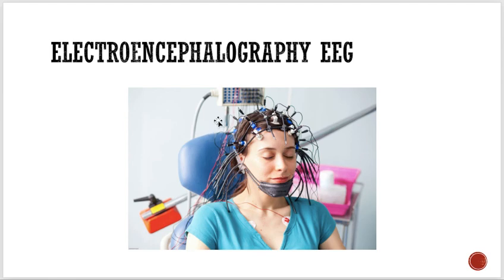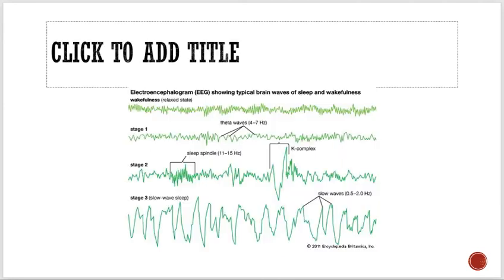I will show you how things look and how we get the result. Here the electroencephalogram shows the typical brainwave of sleep and wakefulness. See stage 1 of sleep, stage 2 of sleep, stage 3 of sleep. In every stage there is a different waveform.